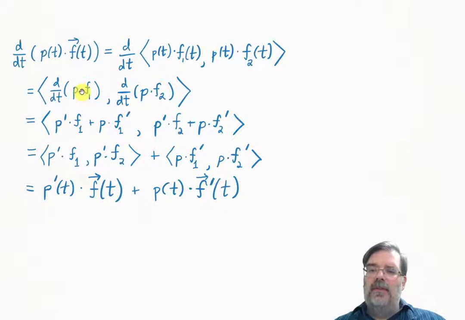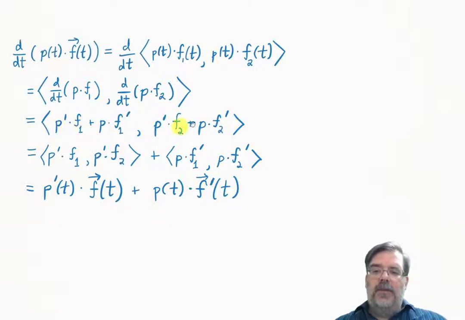So we have the derivative of a product of regular functions, comma, the derivative of a product of regular functions. So in each component, the product rule applies. And so you'll have the derivative of the first times the second plus the first times the derivative of the second in that first component, and something similar for the second component, except f1 is replaced by f2.